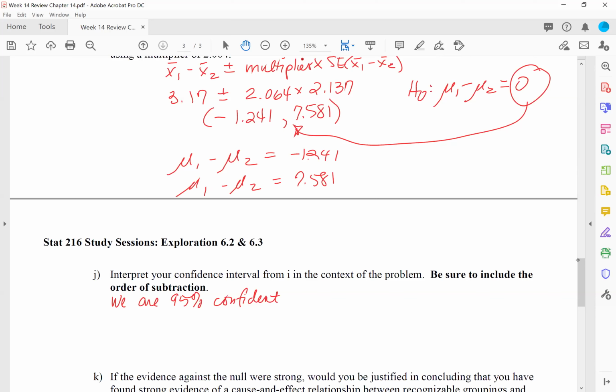So I'm going to talk about the true mean for group 1 in relation to the true mean of group 2.